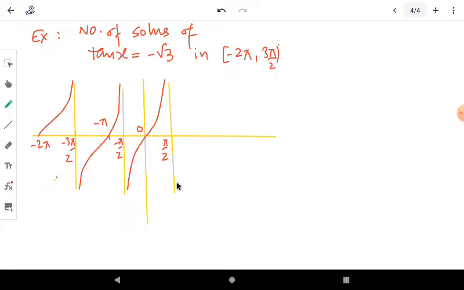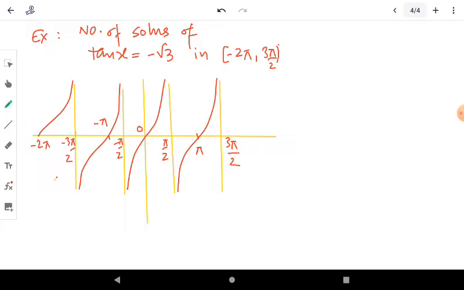And then from pi by 2 to 3 pi by 2, one more kind of graph we can draw like this. The asymptote goes like this. So this is pi and this is 3 pi by 2. So we have drawn the graph.